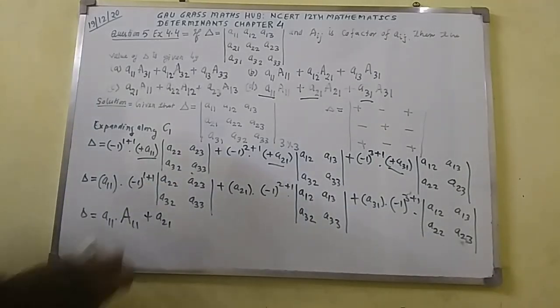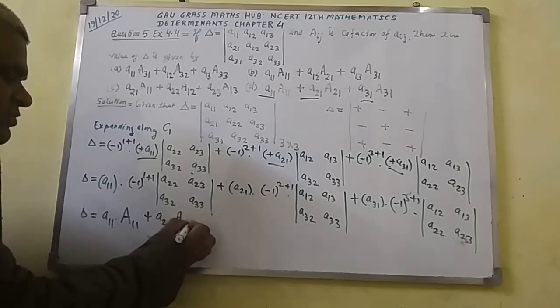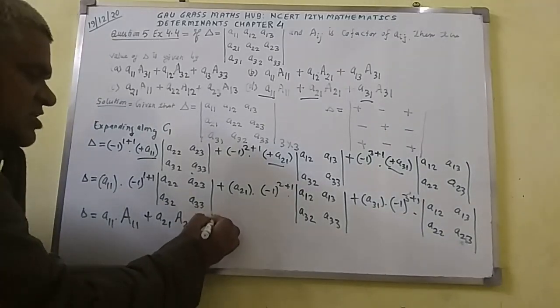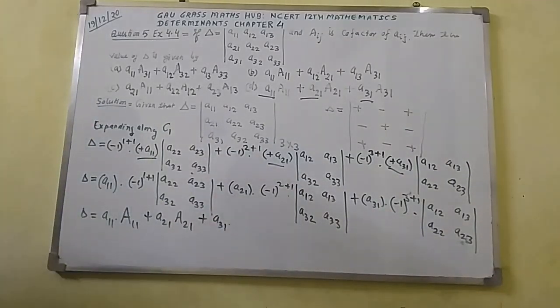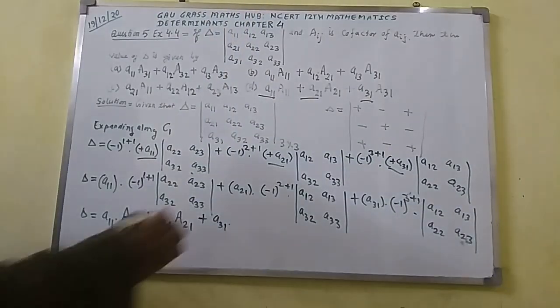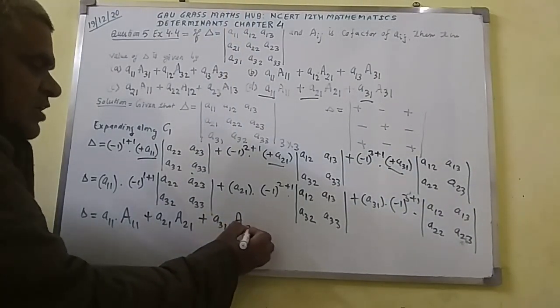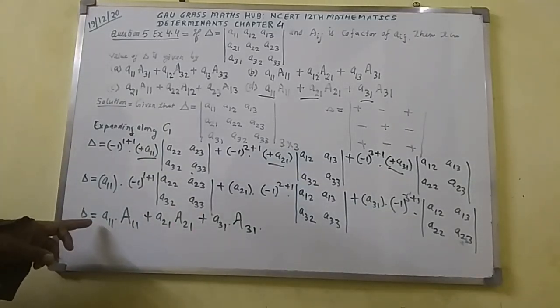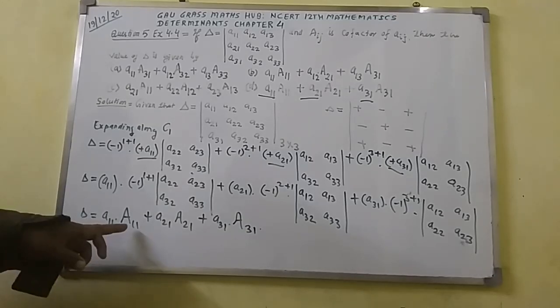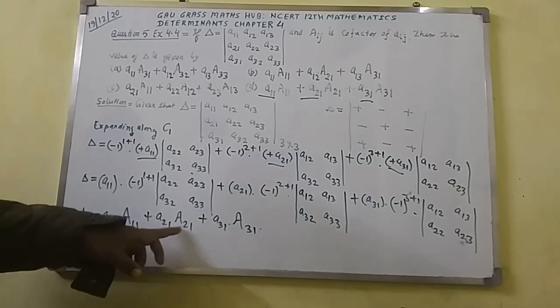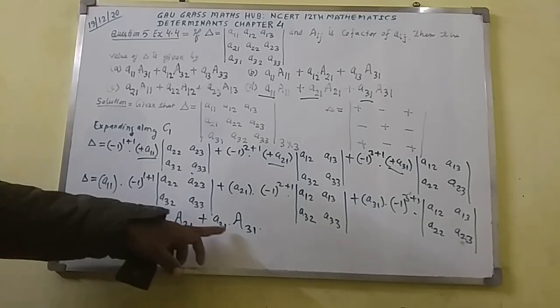So in place of this one I shall write A21 plus, if I write this element, small a31, and cofactor of small a31 is whole this one. So here I shall write capital A31. So here I have written a11 A11 plus a21 A21 plus a31 A31.